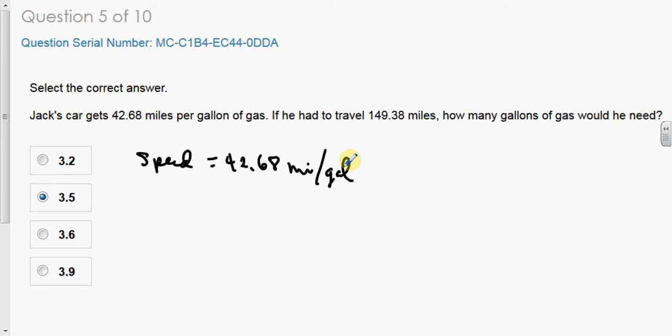If he had to travel 149.38 miles, so his distance is 149.38 miles, how many gallons of gas would he need? So in order to get that, all we have to do is divide the distance by the speed, and that leaves us with the number of gallons, if you will.